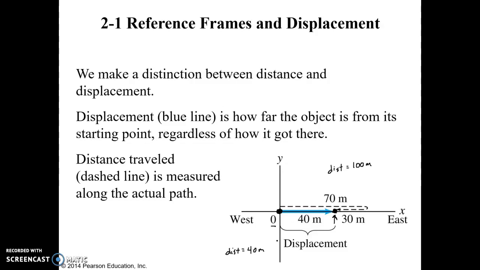Although there is a difference in distance traveled, each of these lines has the same displacement because they both ended up in the same spot. Displacement is how far from the starting point you end up, regardless of how you get there. Each of these lines has a displacement of 40 meters, but one has a distance of 100 and the other has a distance of 40. We need to keep that distinction in mind.